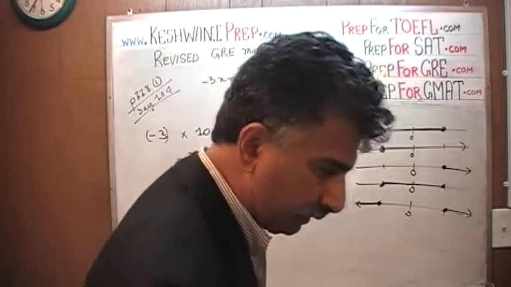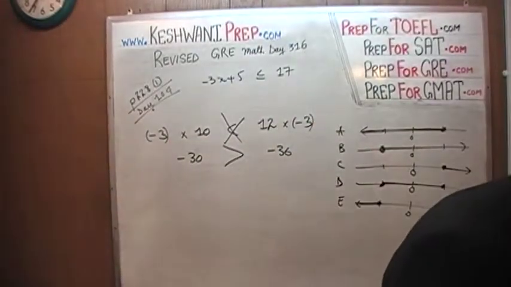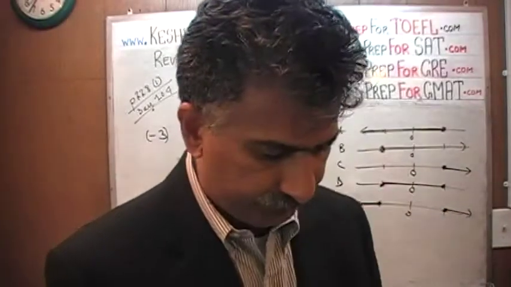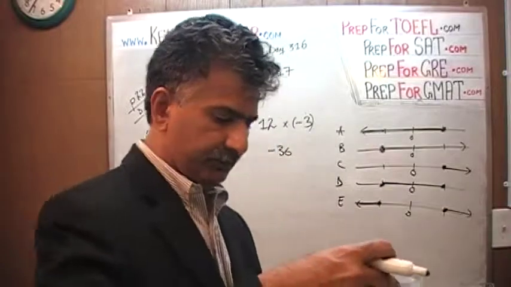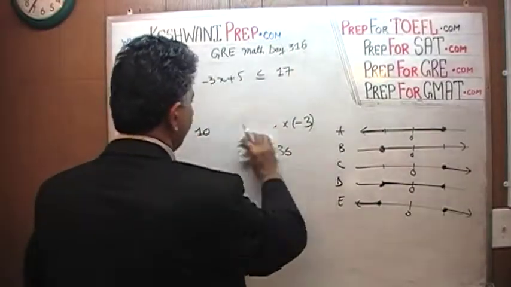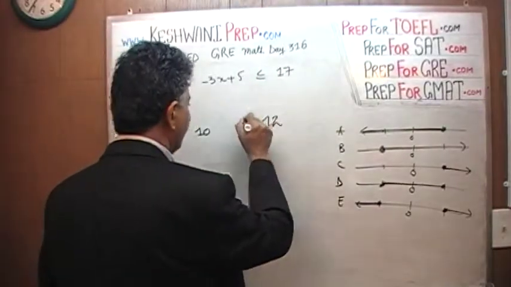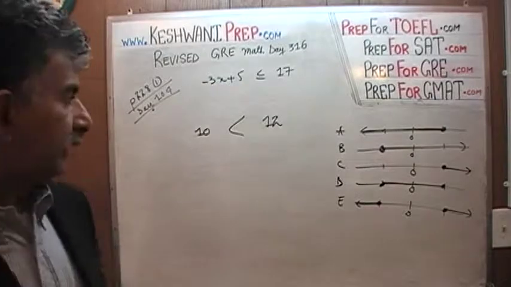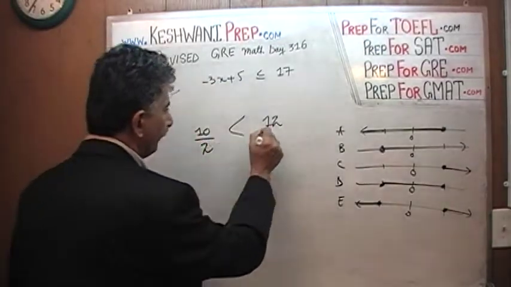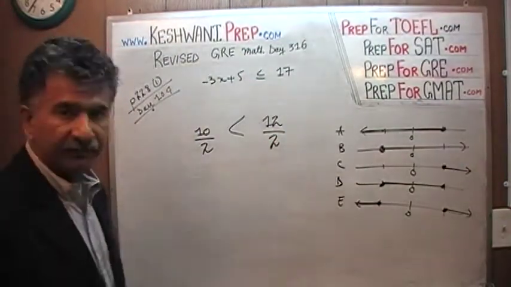Now let's see what happens when we divide both sides of an inequality by a negative number as opposed to multiplying. So here we have 10, and here we have 12. And nobody's going to argue with the fact that 10 is less than 12. Let's divide both sides by 2. Still, everything is fine. 5 is less than 6, obviously.